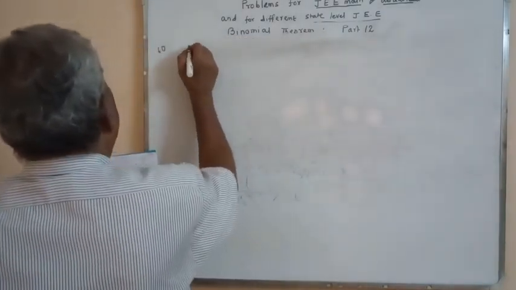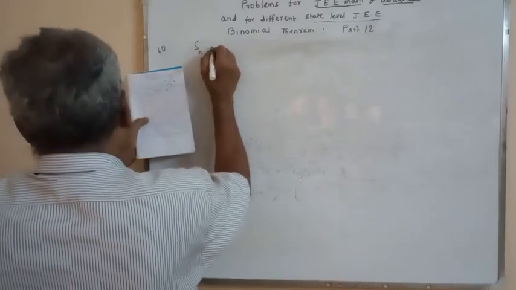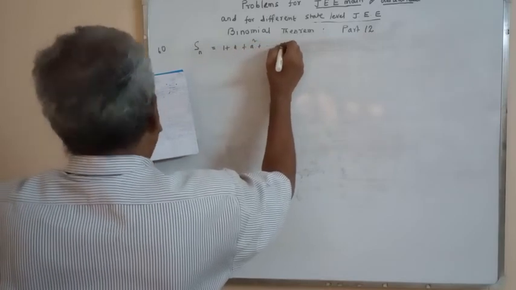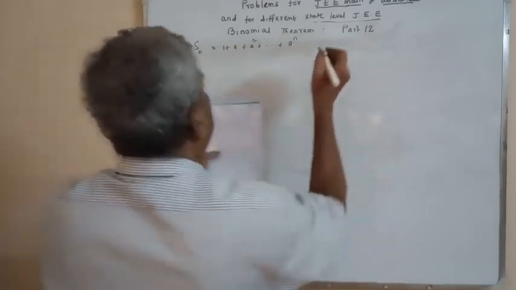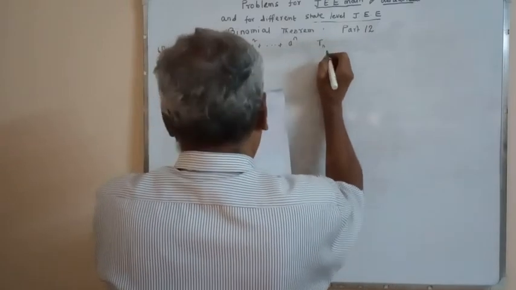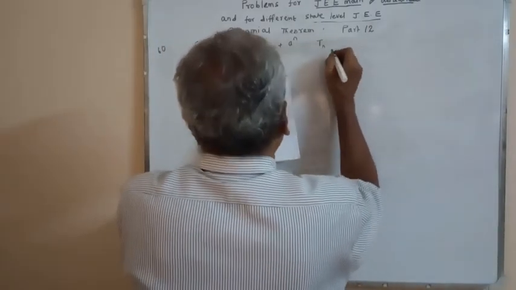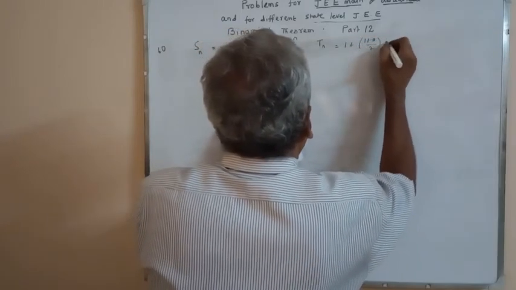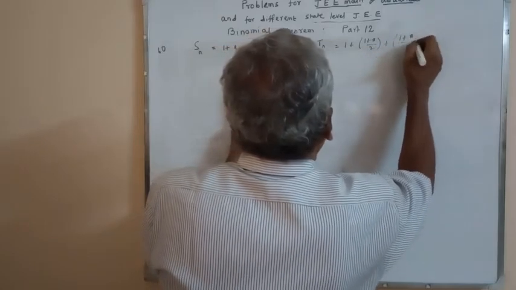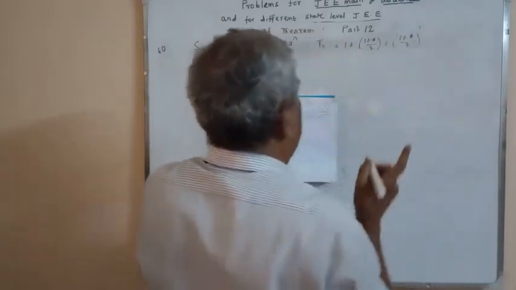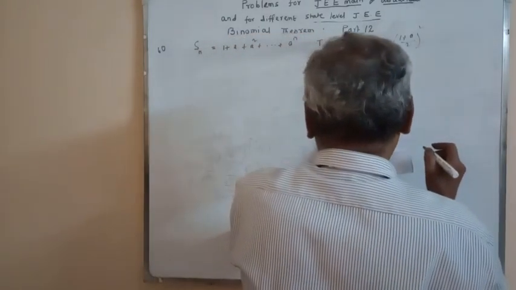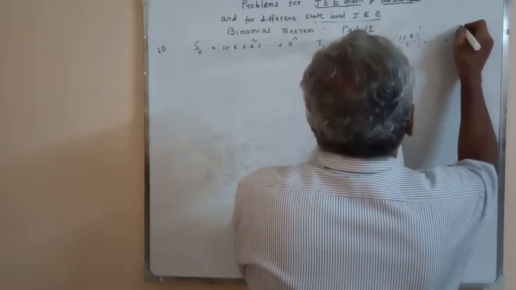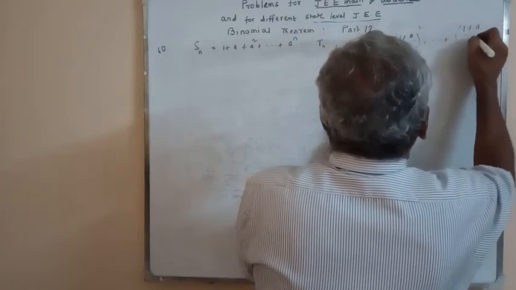If Sn is equal to 1 plus a plus a square up to a to the power n, and Tn is equal to 1 plus (1 plus a)/2 plus ((1 plus a)/2) whole square, almost the same type, up to ((1 plus a)/2) to the power n.